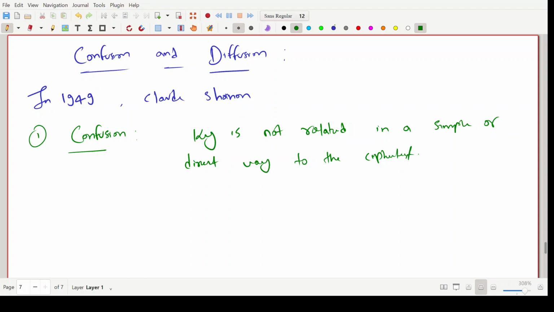In particular, each character of the ciphertext should depend on several parts of the key.